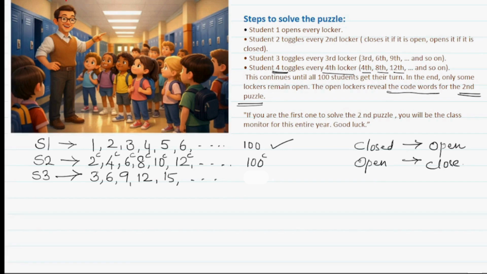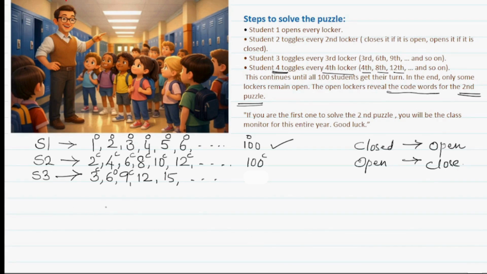All the 100 lockers were opened by the first student. So student 3 goes and closes the third locker. The sixth locker was closed by the second student, so he opens it. The ninth locker was opened by the first student, so this will be closed. Like that, if it is open, he has to close. If it is closed, he has to open.